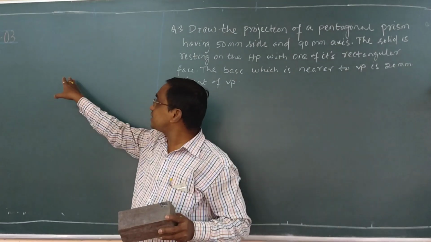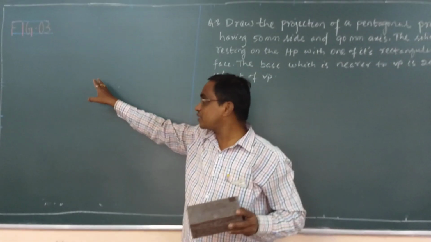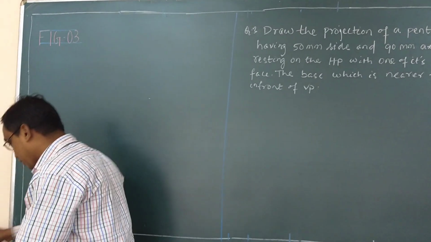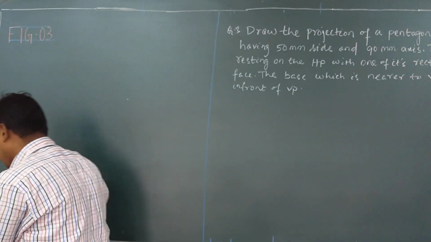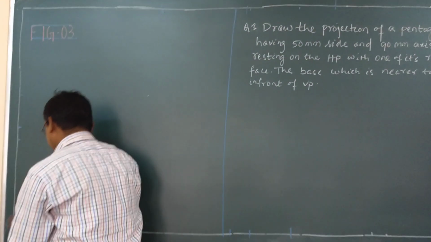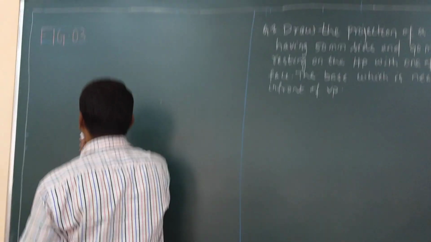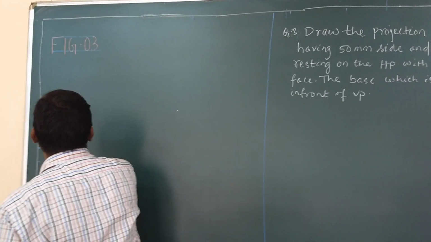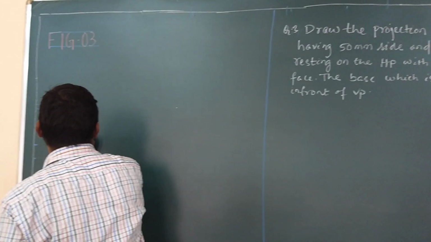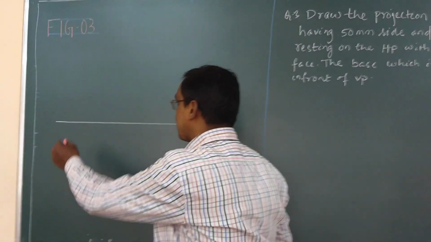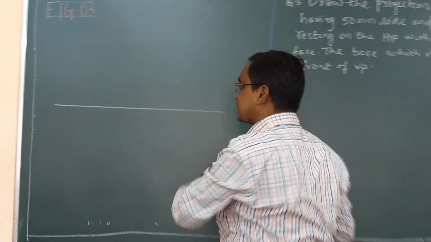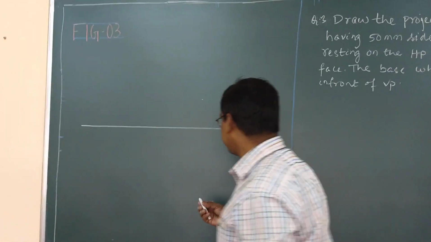So I will draw the front view above the XY reference line and the top view below the XY reference line. Come to the drawing sheet. This is figure number 3. First you draw the XY reference line in the middle of block number 3. Take a 50 mm left side gap and 50 mm right side gap.